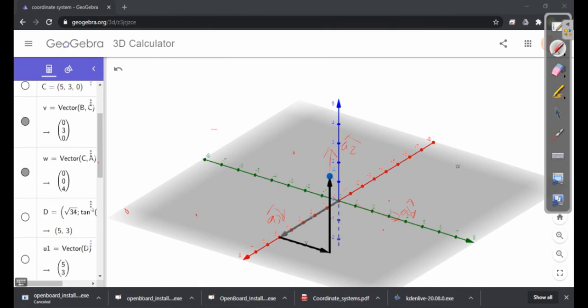Now what is it in the case of the other coordinate system, that is rho, phi, z.